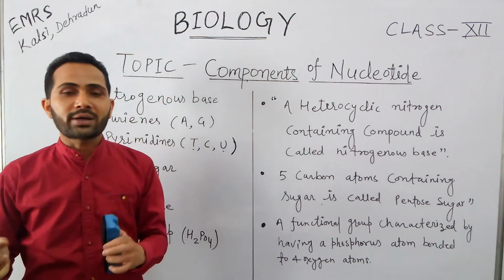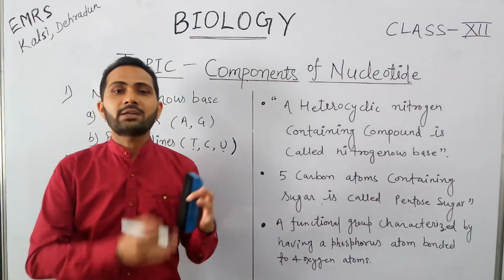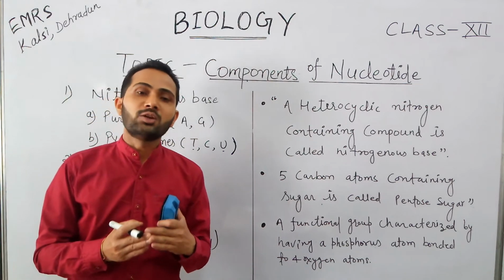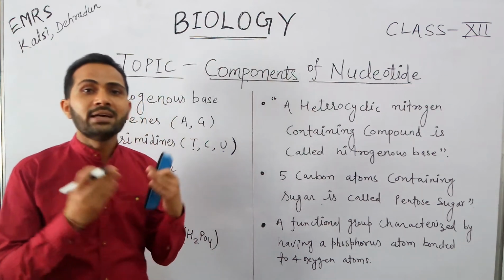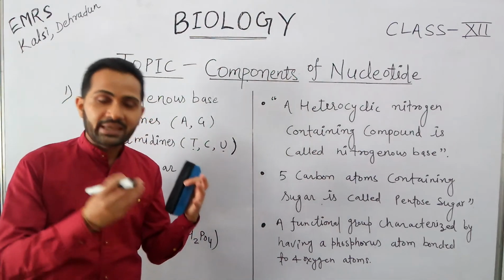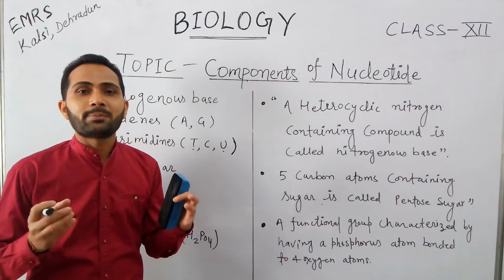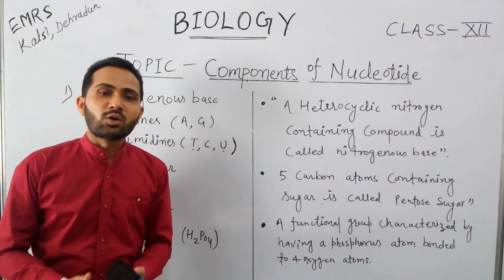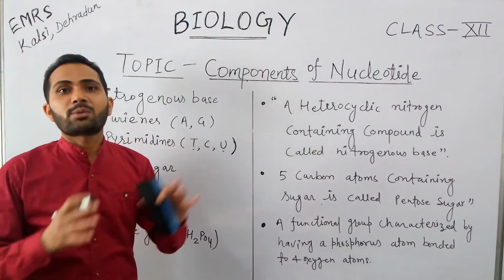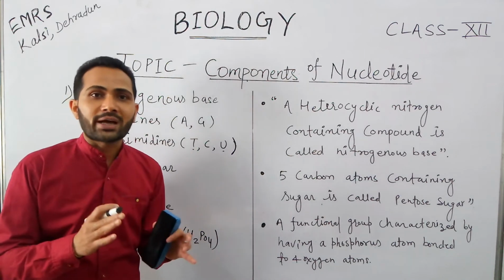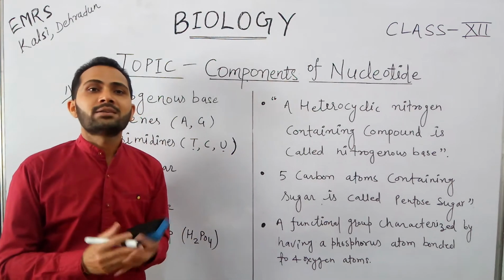When the nucleotides are connected to each other, they form a chain. That chain is called a polynucleotide chain or polynucleotide structure. It means DNA and RNA are made up of nucleotides. Before moving on to the polynucleotide chain, we have to understand what a nucleotide is and how it is formed.